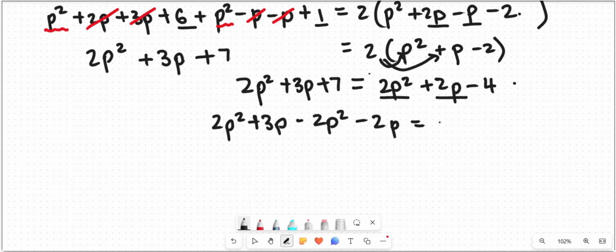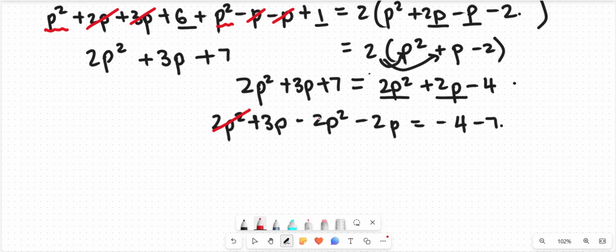Then on the right-hand side, I have a negative 4 that is subtracting a 7. Then what I notice that's happening, these 2P squareds cancel, and a 3 minus a 2 is just a P. And that gives me a negative 11. So P is actually equal to a negative 11.